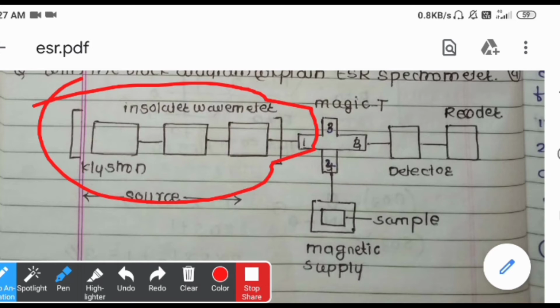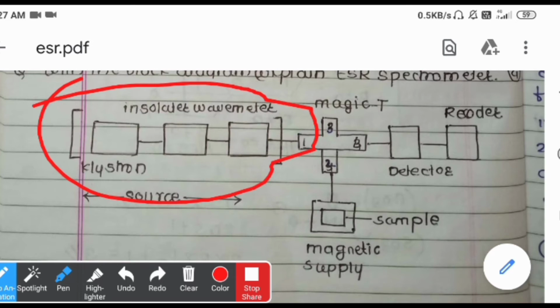Then another one is the wave meter or the wave guide. Another is the attenuator, and the isolator is there. Then the sample cavity is also there. And one important part is the magic T.